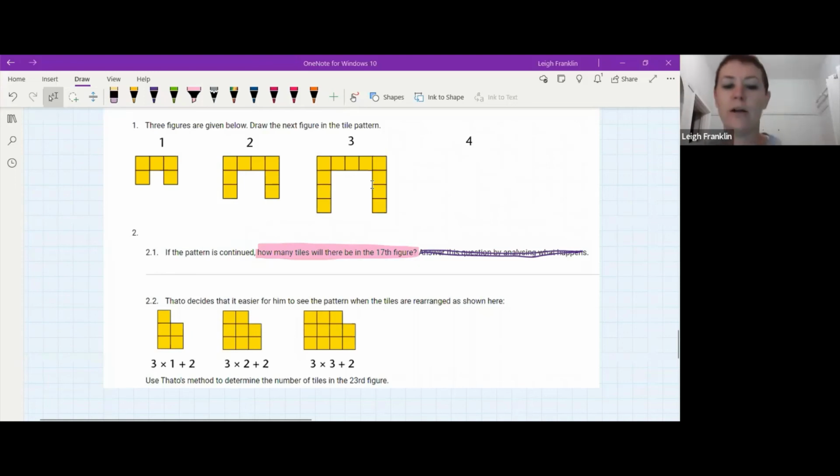Okay, so Takalani, let's get started. In question 2.1, how did you work out how many tiles there would be in the 17th picture?